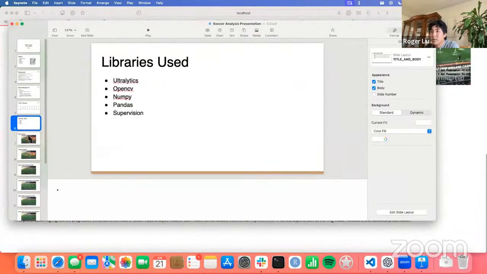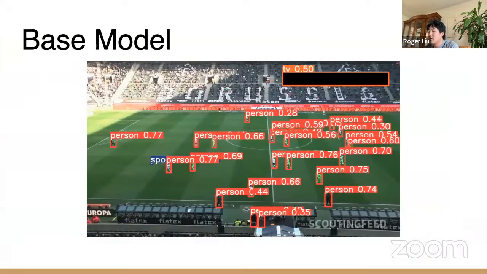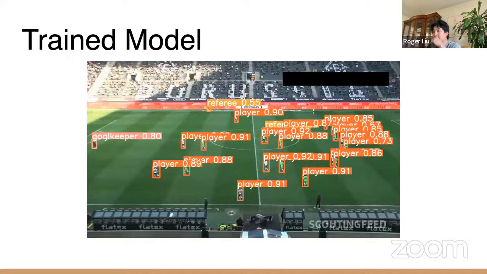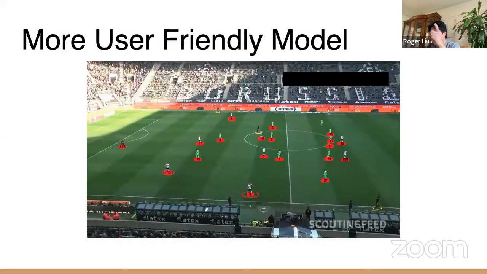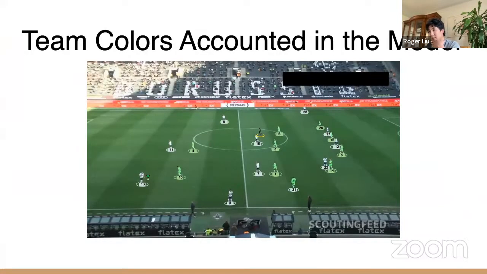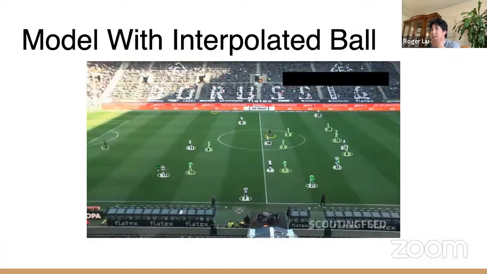So to recap, we started out with the raw video, then we moved to the base out-of-the-box model, trained it, made it a little more appealing to the eye and easier to read, and added the team colors so it looks a little nicer. We interpolated the ball so the frames where the ball was lost could at least be estimated.